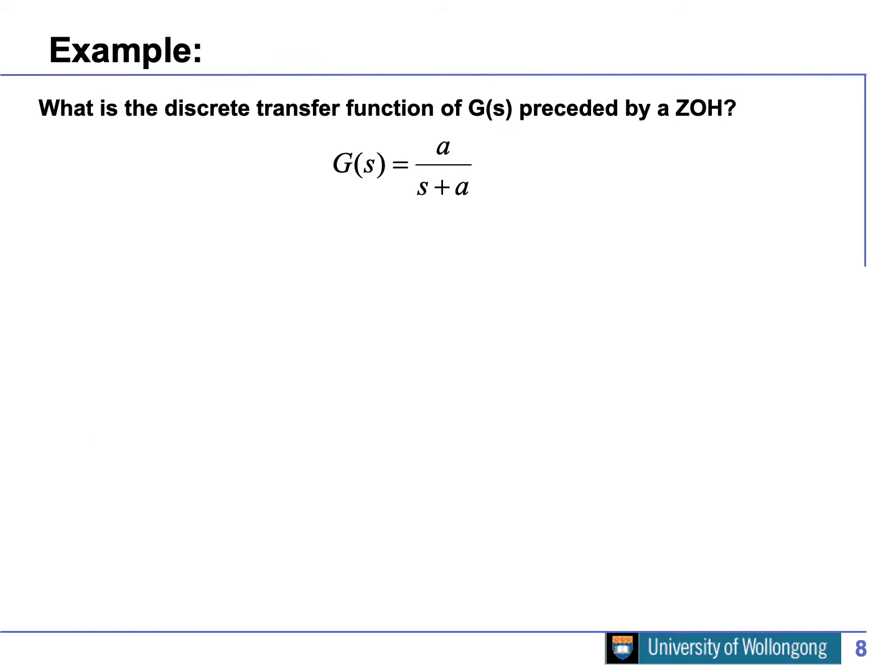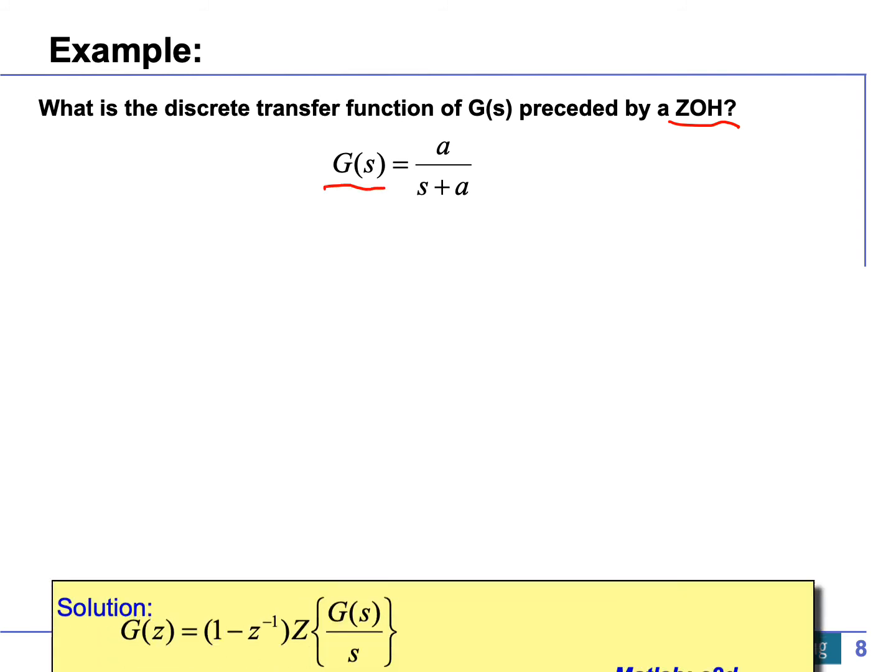The second example is, like I mentioned, if there's physically a zero order hold in there, you cannot just directly convert X(s) to X(z). You have to consider there is a zero order hold. So originally we have G(s) with a zero order hold.